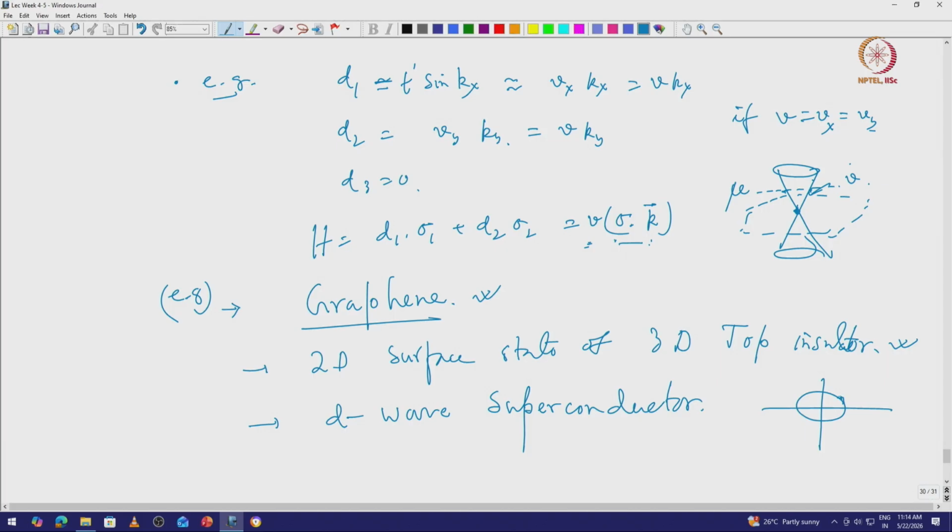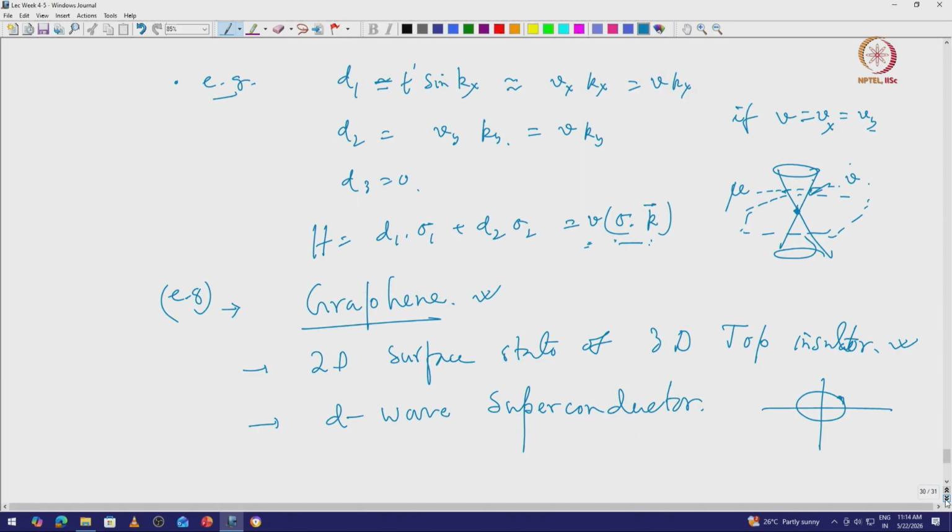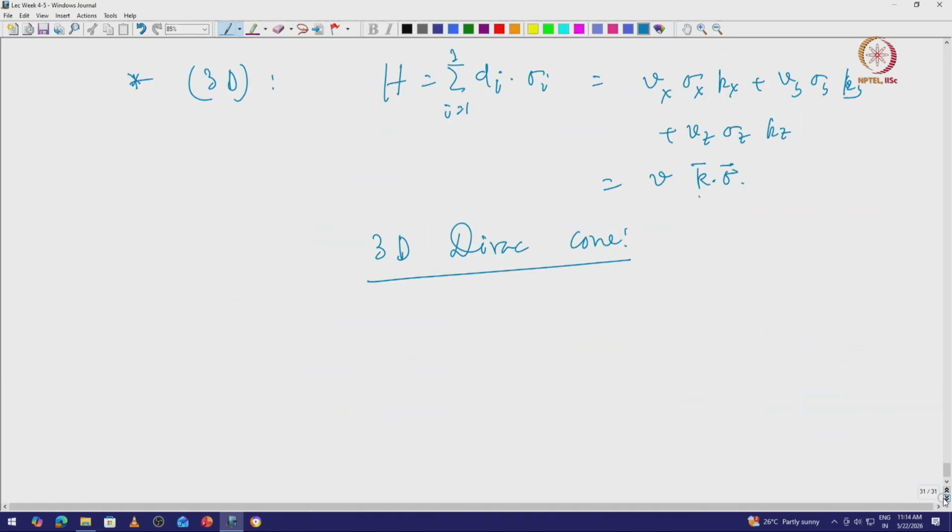So, you need higher order corrections, and you have to worry about the Fermi surface warping effect. So, you are moving away from the simple circular Fermi surface to a more curved Fermi surface. Okay. And for that the symmetry is very important to figure out which terms are allowed, which terms are not allowed.